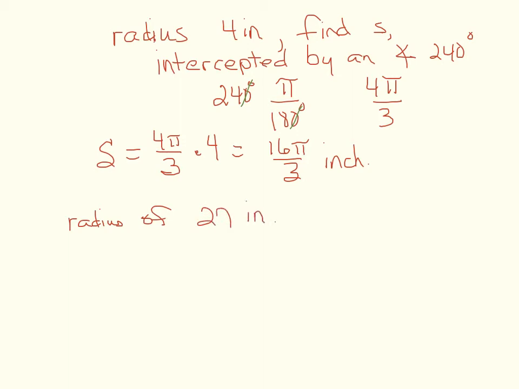Okay, what about a circle that has a radius of 27 inches? And we want to find the length of the arc that's intercepted by a central angle, let's say 160 degrees. What's the first step, Annalisa?